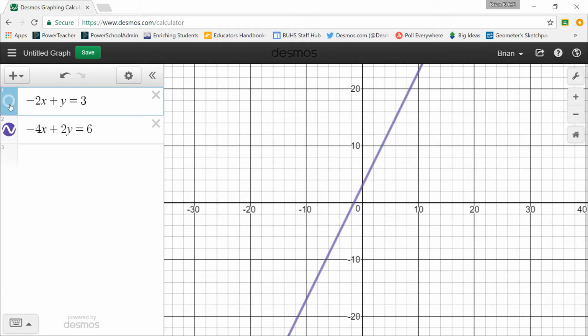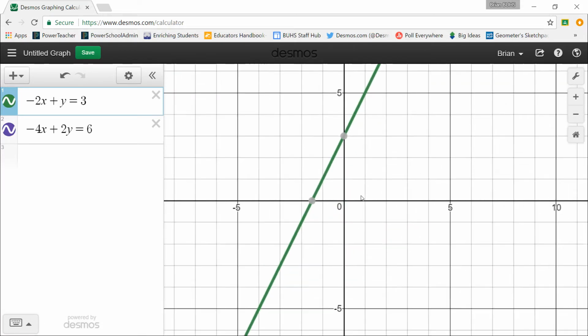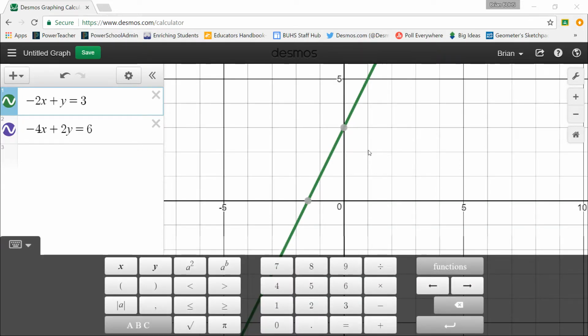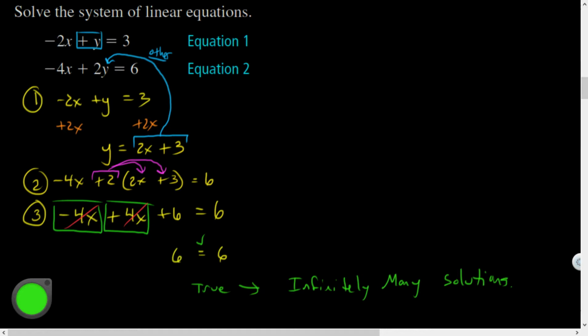And therefore all of them are solutions. But points like this, over 1 up 2, that is not a solution, right? So plugging in 1 for x and 2 for y will not work. Only the ones that are on that line will work. So that's what an infinitely many solution situation looks like.